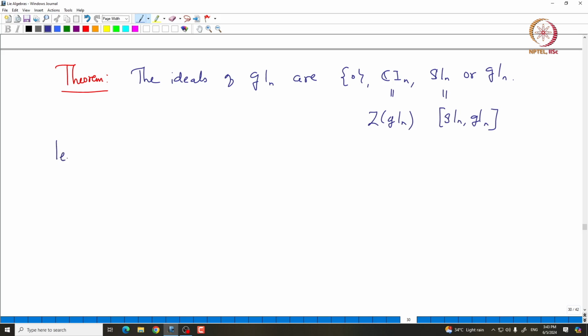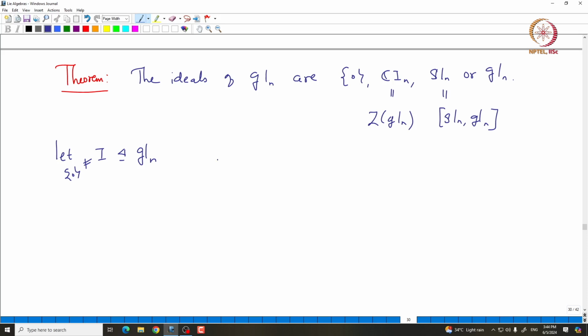Okay. So, let us start with I being an ideal inside GLN. We have to consider some cases to prove this. Let us assume that it is a non-zero ideal. If it is 0, then there is nothing to prove. Basically, since SLN has codimension 1 and the center C times identity has dimension 1, if we prove that either I is contained inside C times identity or I actually contains SLN, then we are done.